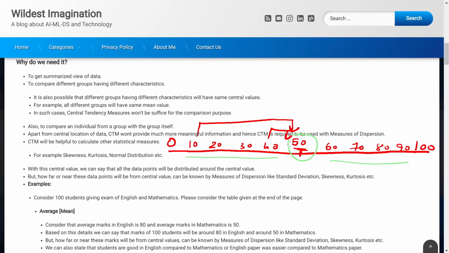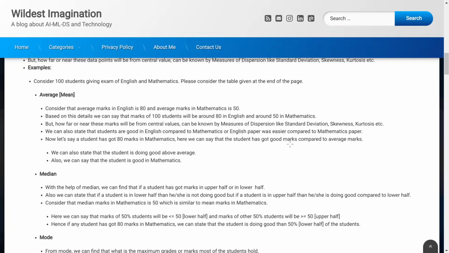This is where we will need measures of dispersion, and we are definitely going to discuss them in the coming few sessions. Now let's understand mean, mode, and median and how to interpret them and draw a conclusion in the context of one example. This example considers 100 students giving an exam of English and Maths of 100 marks. First we will talk about the mean value.